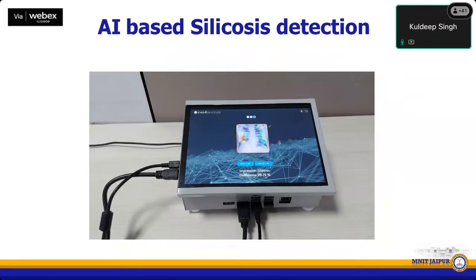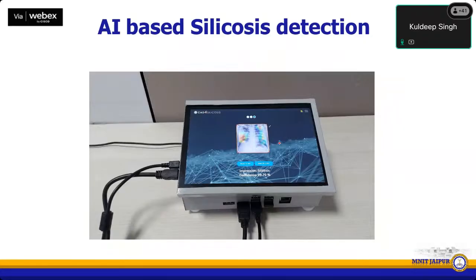The idea of this device is to make it a screening device. It is capable of interfacing with any digital X-ray machine, or we can provide the digital X-rays in pen drives. This device can read the digital X-ray.